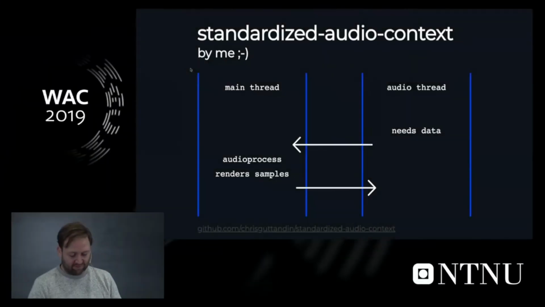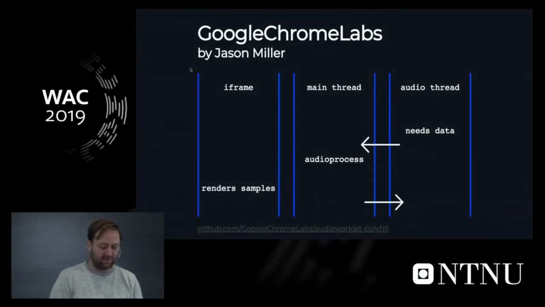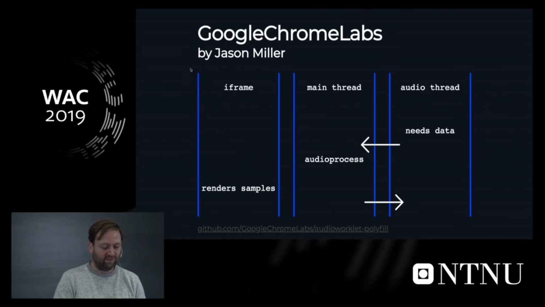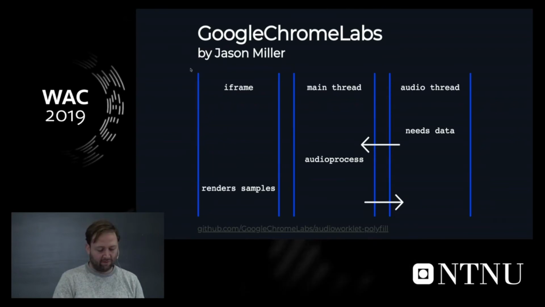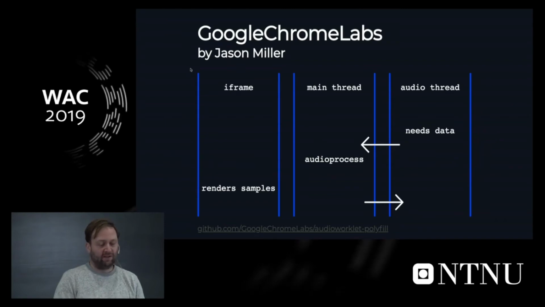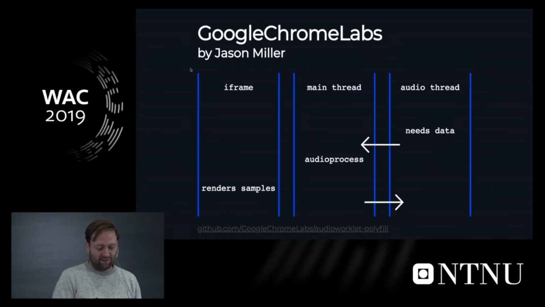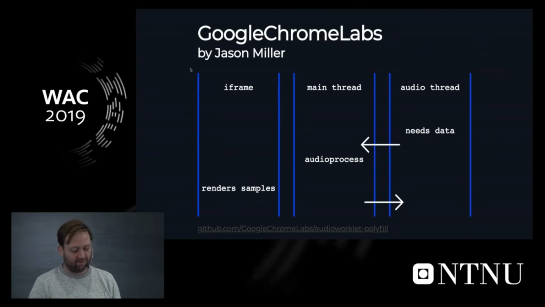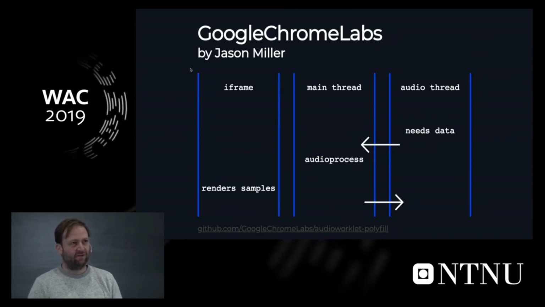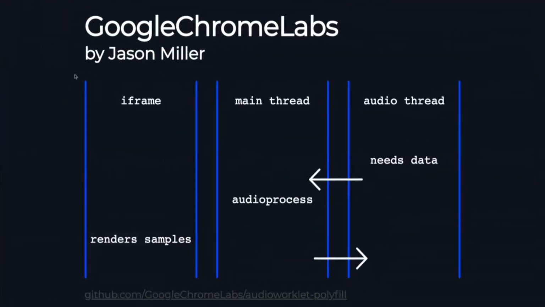And shortly after I released mine, there was another polyfill released by Jason Miller, and he did that for the Chrome Labs project, and he used an iframe to render the audio worklet processor. And that looks very appealing because it looks like it's a different thread, but in reality, as I found out, that's not the case, because if you have an iframe and a main thread communicating with each other, that's synchronous, and once the one is doing work, the other one has to pause, and the other way around, so that's not much of an advantage.